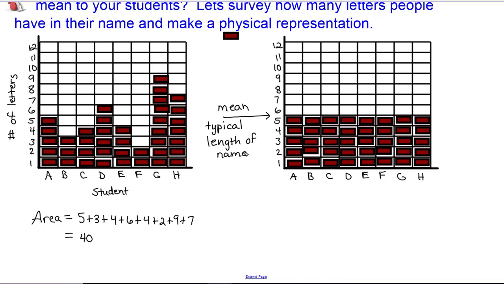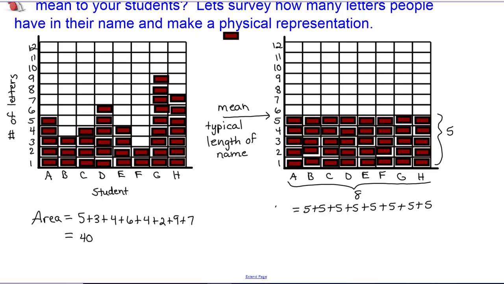And so we're just going to find the area of that box. We know that this is 5 and this is 8. Basically, we're taking 5 times 8, or we're taking 5 plus 5 plus 5 plus 5 plus 5 plus 5 plus 5 plus 5 to get our area.